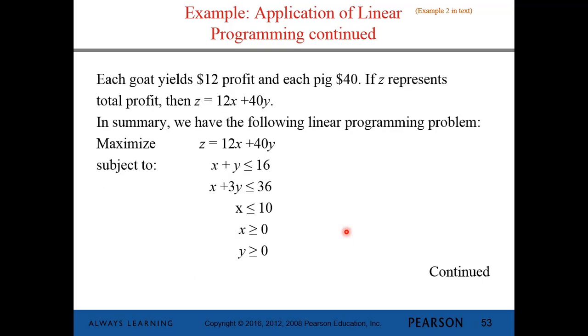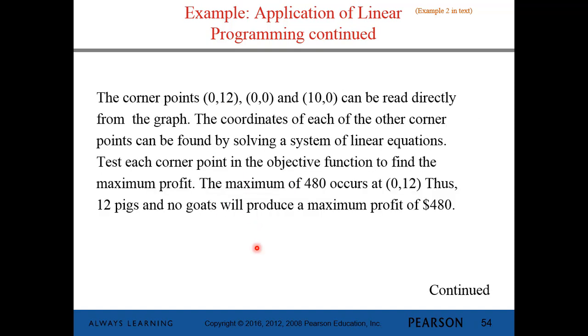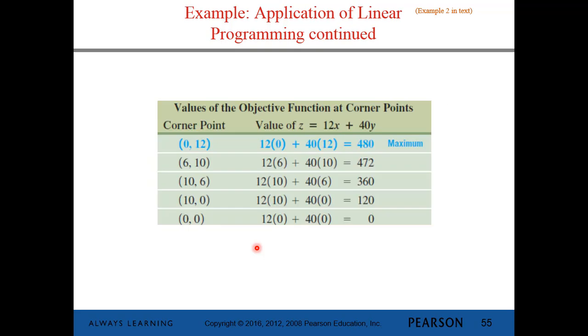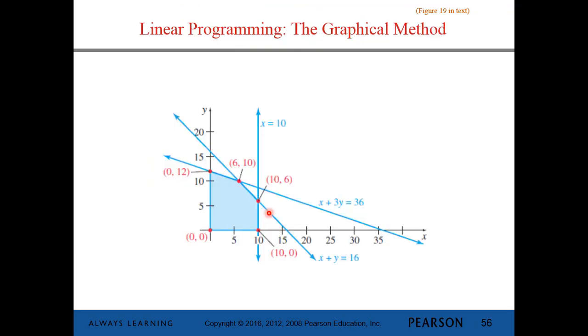So here's our objective function, and here's the list of constraints. If we graph these, we find this bounded region here is the solution set.